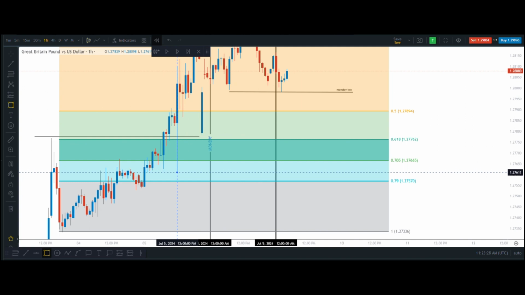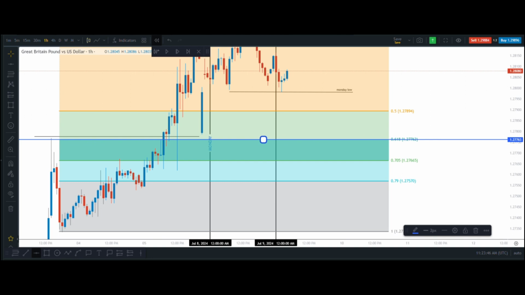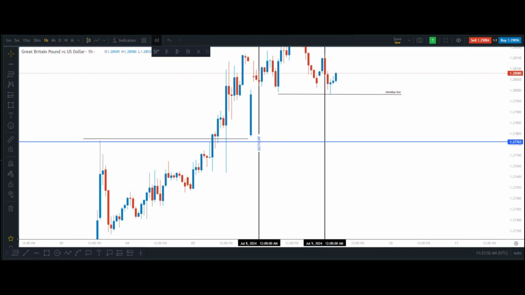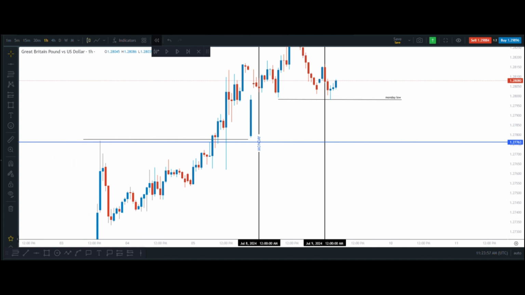So take your fib. Already we've marked out where our 0.618 zone is, so I'm going to use a horizontal line to denote it, and then I can take out this fib. Delete the fib. This blue line is our 0.618 Fibonacci retracement zone.